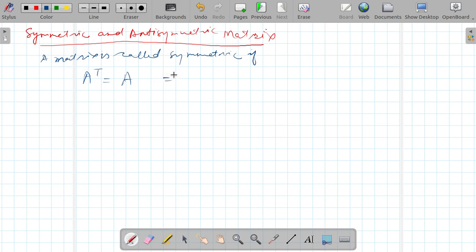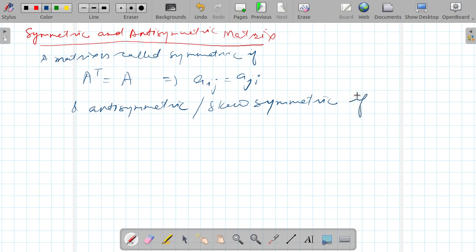That is, we can say that Aij is equal to Aji. And it is said to be antisymmetric or skew symmetric if the transpose is negative of the original matrix, or in other words I can say that Aij is equal to minus Aji, then it is said to be an antisymmetric matrix.